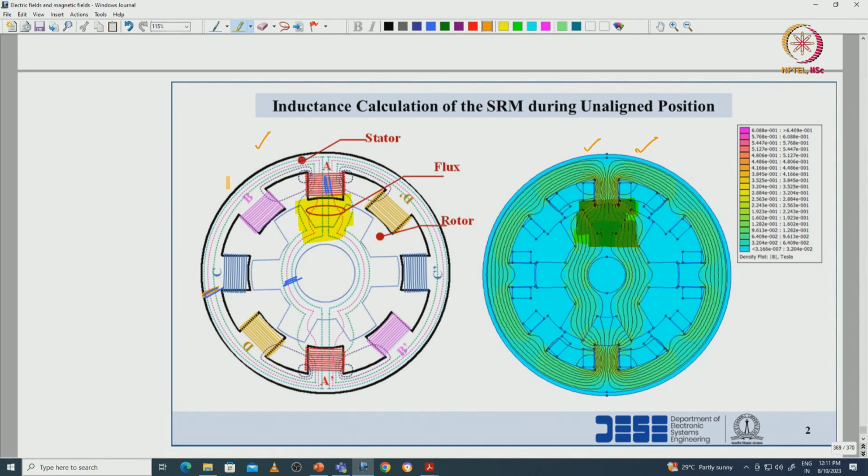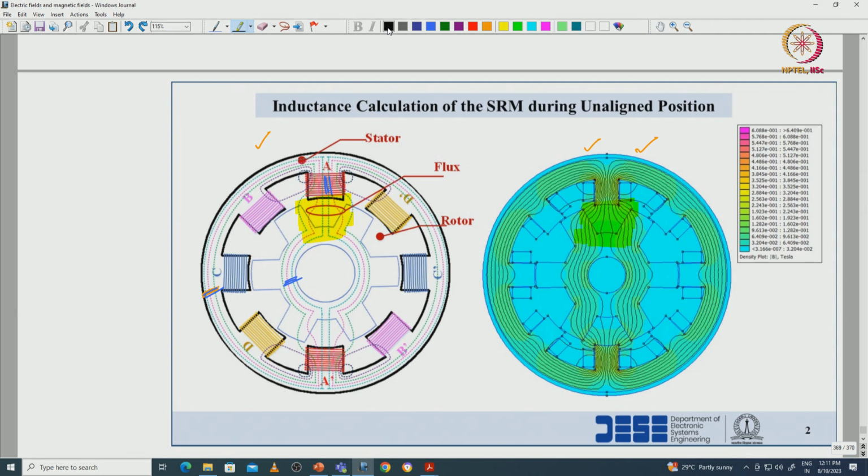Okay. With respect to this plot, I am redrawing the flux lines here. From this flux plot we have to divide the regions, or find the similar flux loops, to analyze the inductance.